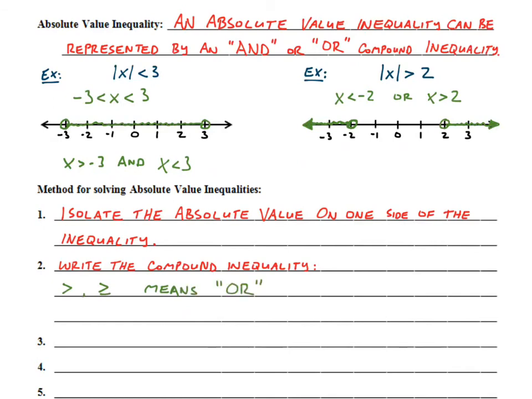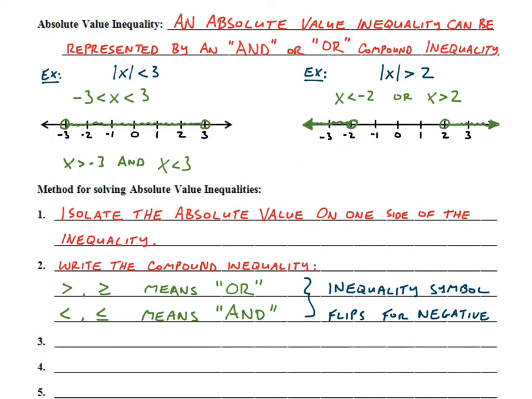And remember that greater than or equal to means it's going to be an or inequality, and less than or equal to means it's going to be an and inequality. For either case, though, we know that the inequality symbol will flip. So it flips for the negative solution, right? So don't forget to flip that inequality symbol.